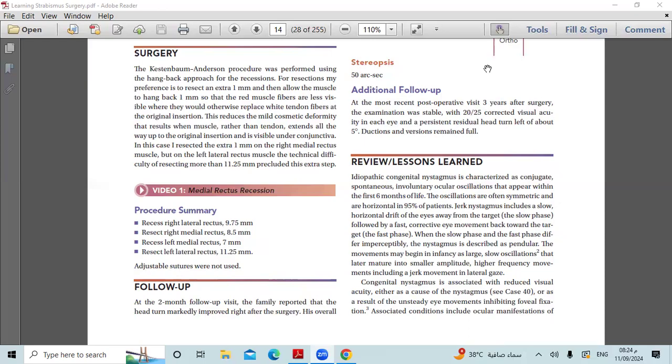Because the nystagmus decreases with convergence, this patient selects a convergence position to decrease the amplitude and the frequency of the nystagmus. So the patient presents to our clinic with a very large esotropia. And when you try to measure this type of squint, the squint will increase aberrantly.